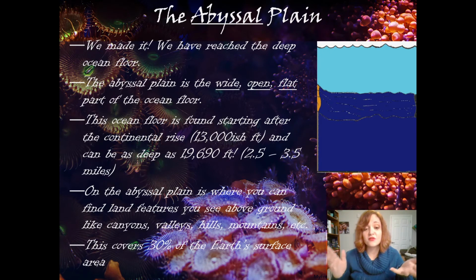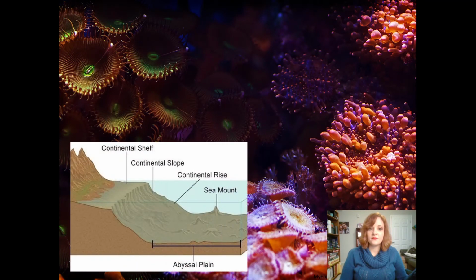And it covers 30% of the Earth's surface area, which is a pretty big part actually, that 30% of the entire Earth's surface is the flat abyssal plain. That's a big chunk of it.